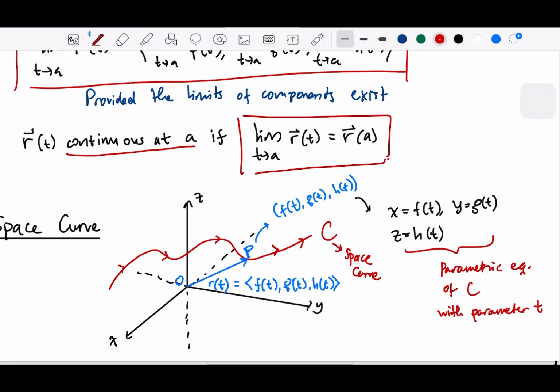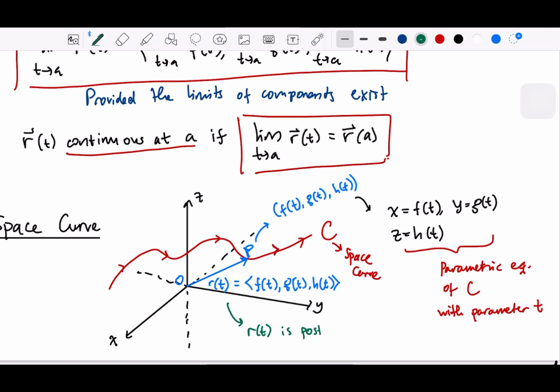So we can treat this vector function as our position. So we can say that r(t) is the position vector of P.